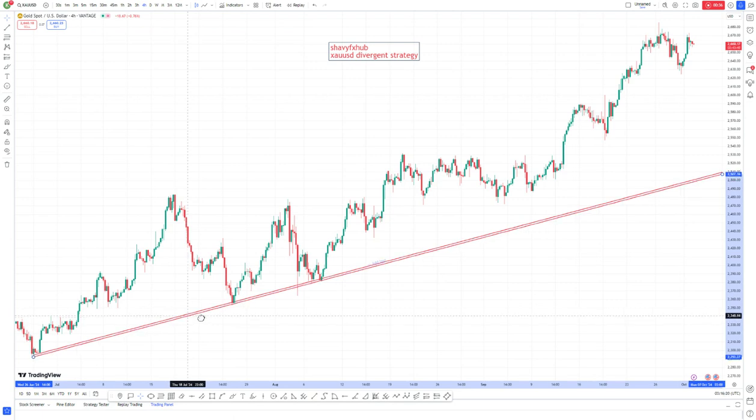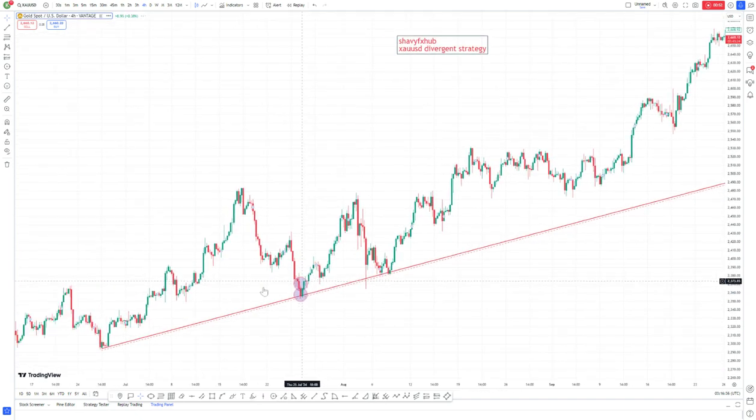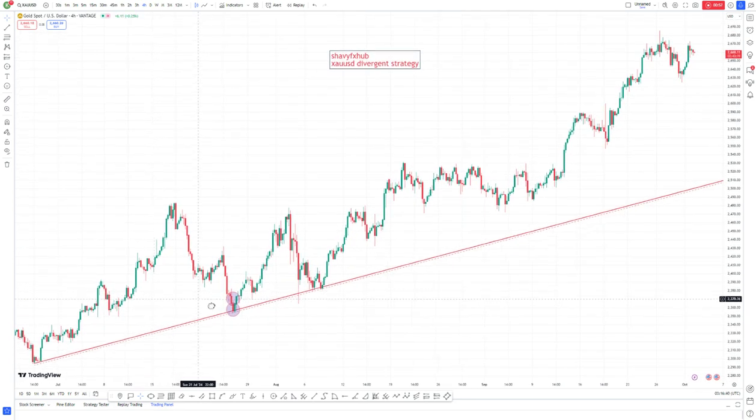That's an ascending trend line. I like to beautify it, and we're going to call it support become resistance. That support become resistance.